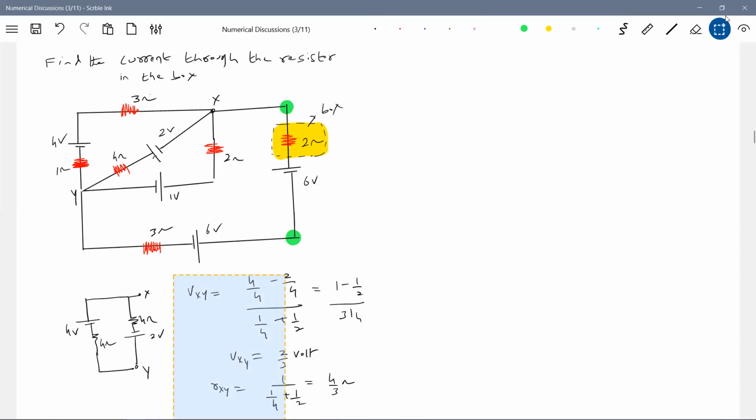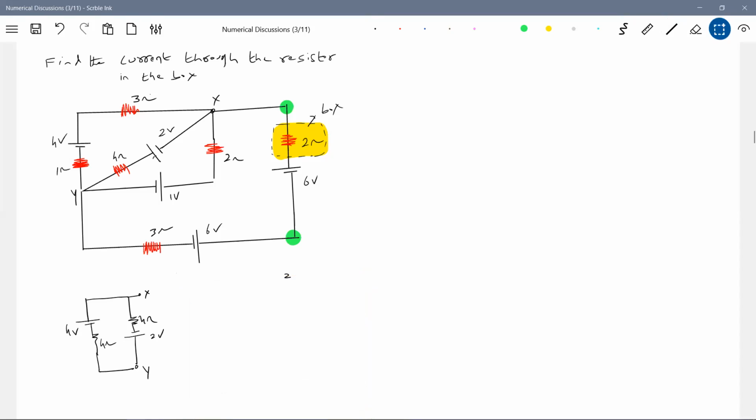I'll take this out: its effective EMF is 1 and effective resistance is also 1. I'll bring this also, so at a time we can replace all these 3 cells between X and Y. We'll carry on once again.